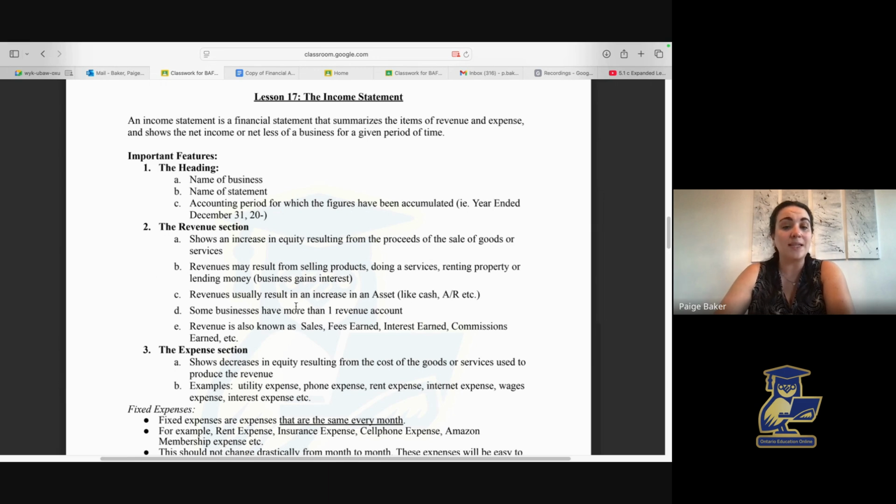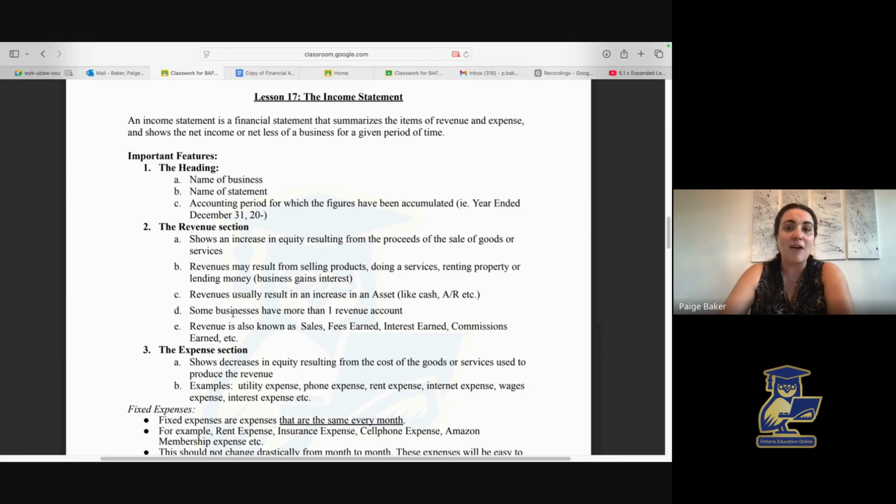They usually result in an increase in an asset like cash or accounts receivable, which we've looked at as we've gone through the different transactions. And when we've seen an increase in cash, sometimes we're increasing our owner's equity. Well, this is the specific account in owner's equity that is affected.